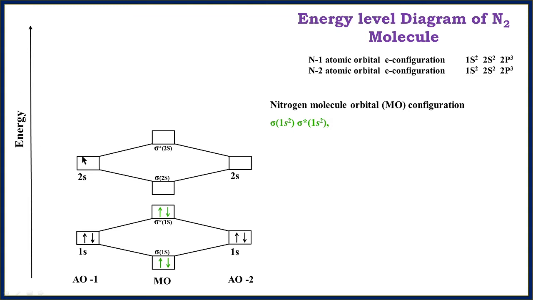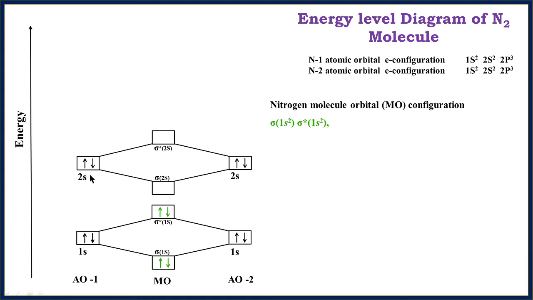Now this 2s atomic orbital of the first nitrogen is overlapped with the 2s atomic orbital of the second nitrogen and they form sigma 2s and sigma star 2s, as in the first case. These 2s atomic orbitals also have 2 electrons each, as we already know the configuration is 1s2, 2s2, 2p3.